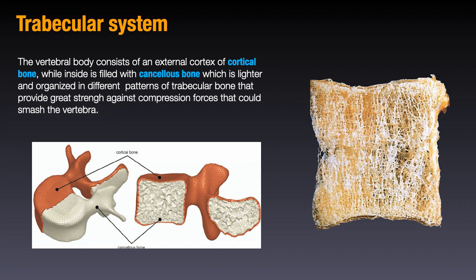In the second image, you see the inside of a vertebra that is cut, and you can see that kind of net of tiny filaments of bone. Okay, this is the trabecular system, and it is not random, although it looks like, but it is not random. It is oriented in the direction of the main forces that affect the bone.